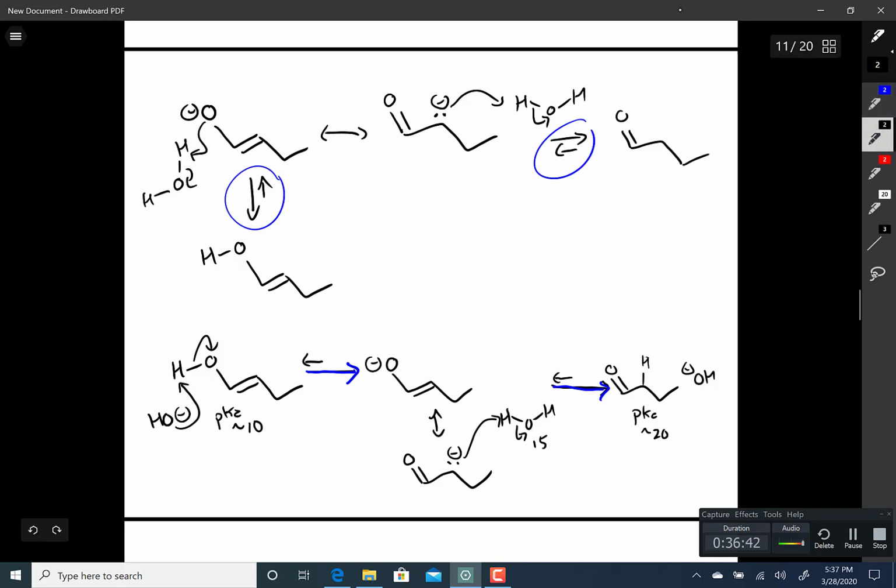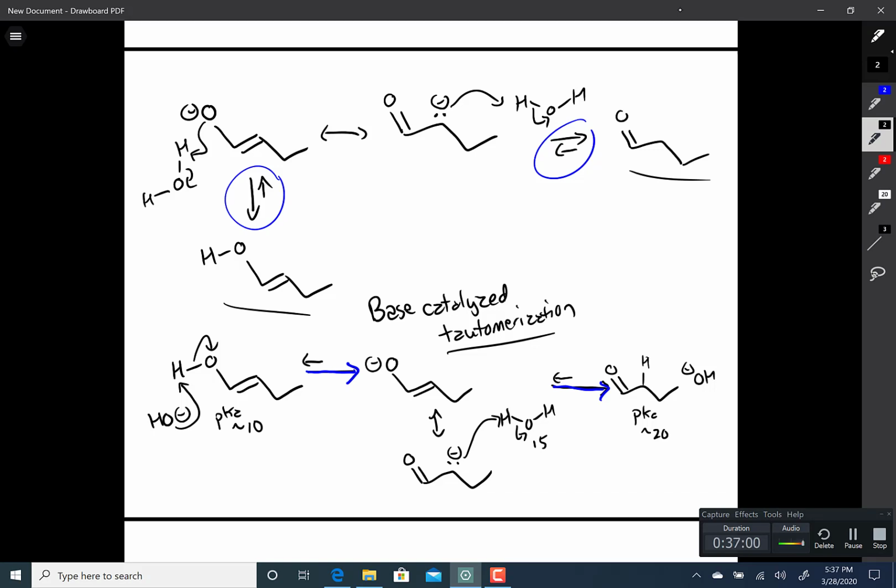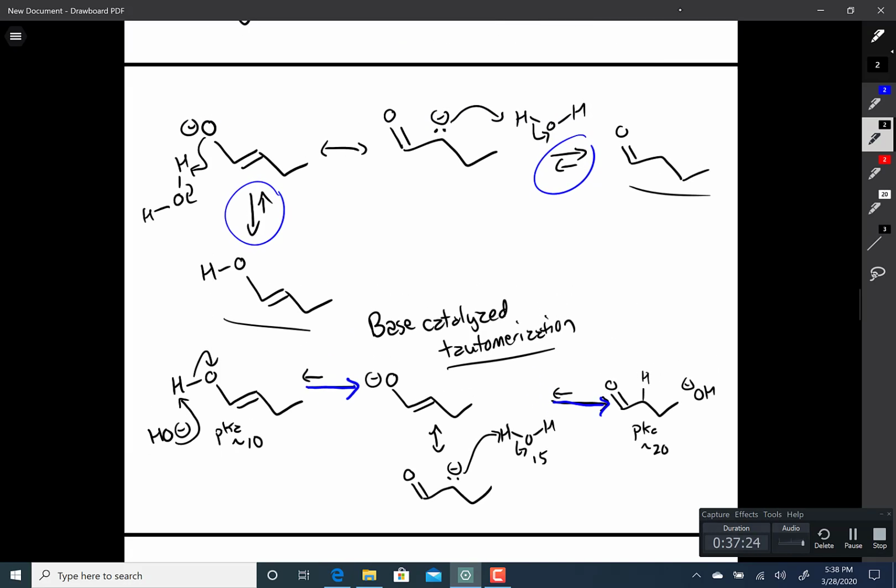By the way, this mechanism right here is called base catalyzed tautomerization. It's completely reversible. The carbonyl is in equilibrium with the enol, but the equilibrium favors the carbonyl side over the enol side. And you'll see this mechanism a lot in Chem 345. So, best to learn it now.